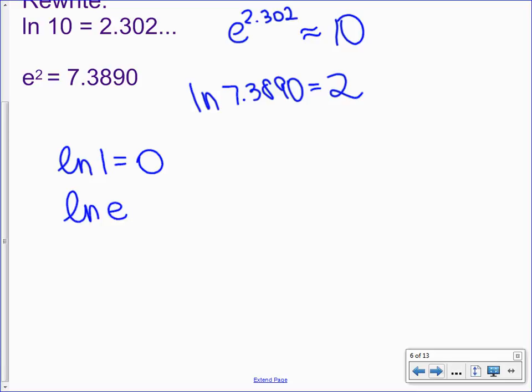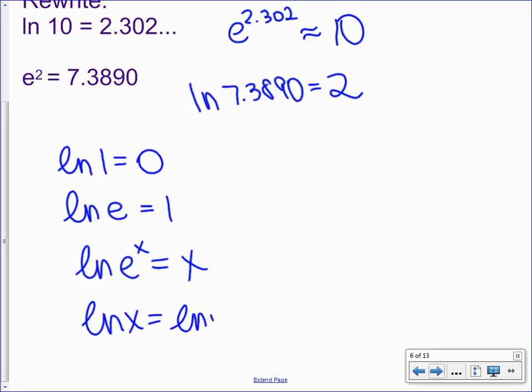Natural log of e would be 1. Natural log of e to the x would be x. And then natural log of x equals natural log of y would mean that x and y would be equal. So we still have the same properties there.